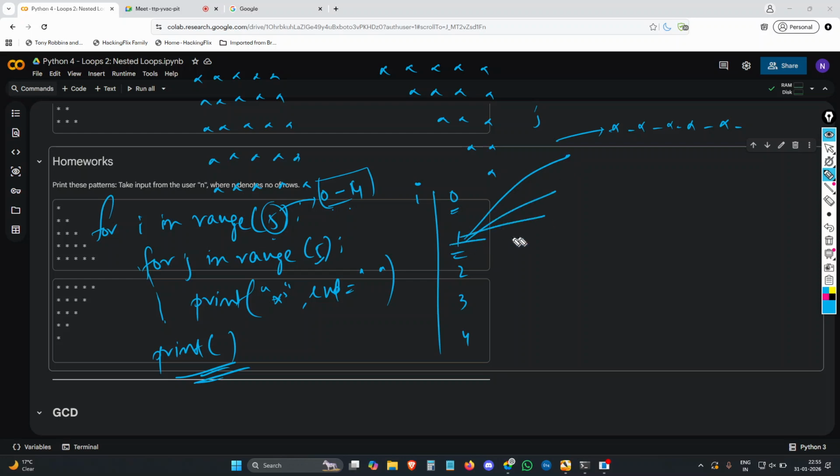In the same way, this will print star, space, star, space, star, space, star, space, star, space, right? The space is not visible, so it looks decent.